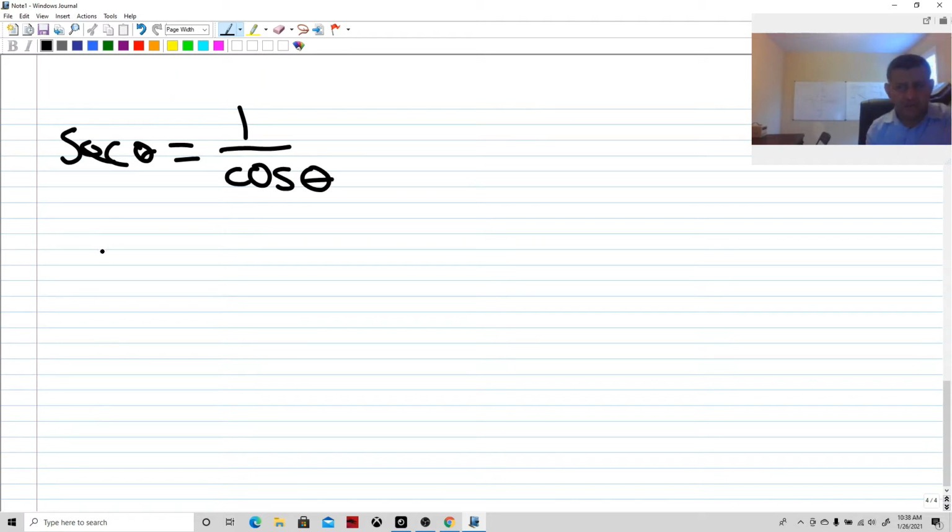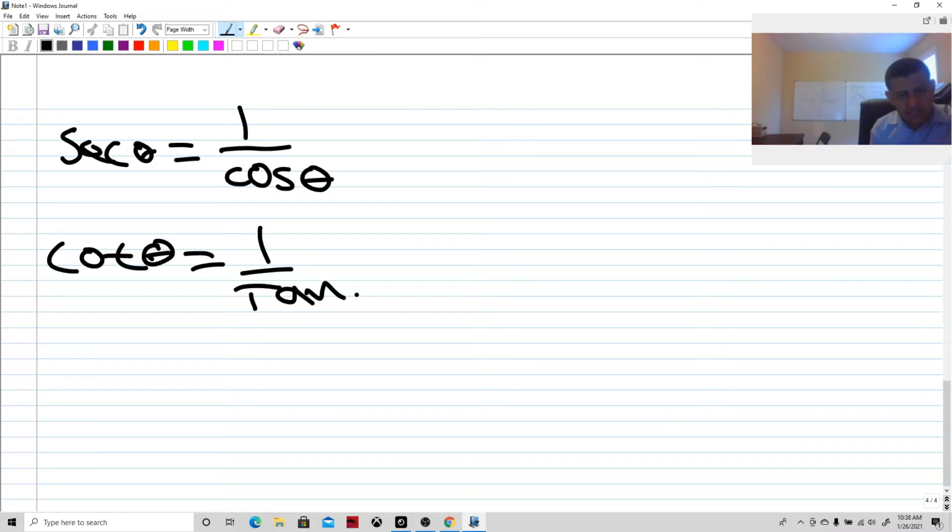And the last one is cotangent of theta. Let me redo that, it doesn't look too good. Cotangent of theta is equal to 1 over tangent of theta. Okay, so we have that.